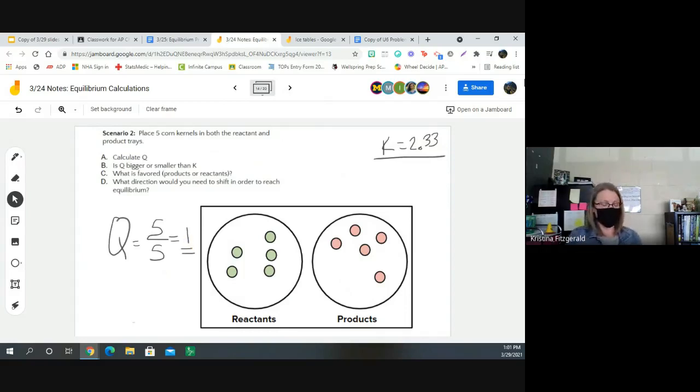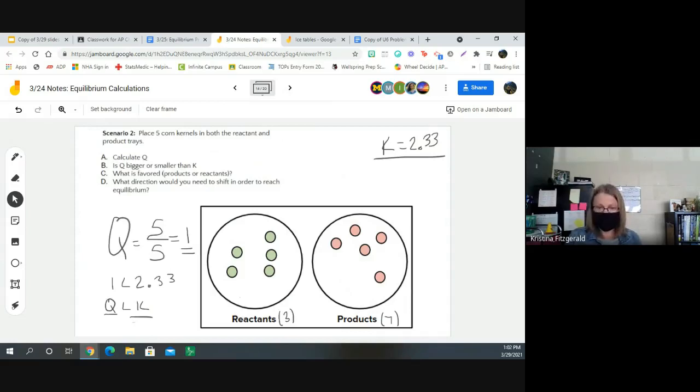So Q is less than K. 1 is less than 2.33. So if Q is less than K, and I know to be at equilibrium I have to have 3 dots over here and 7 dots over here, which way do I have to shift my dots or my beans if you're using the beans?